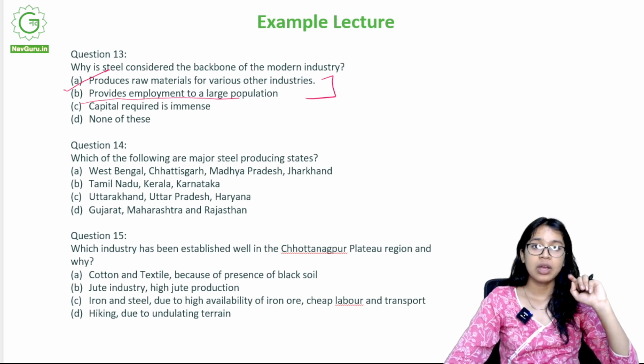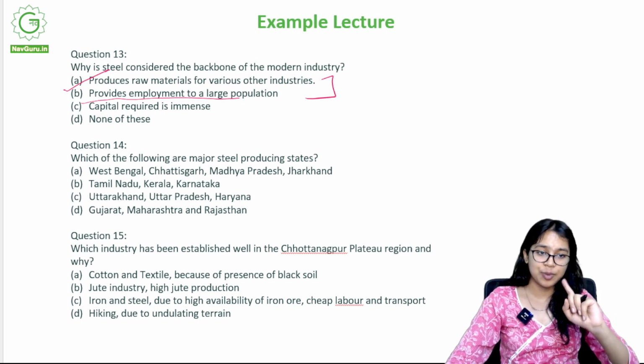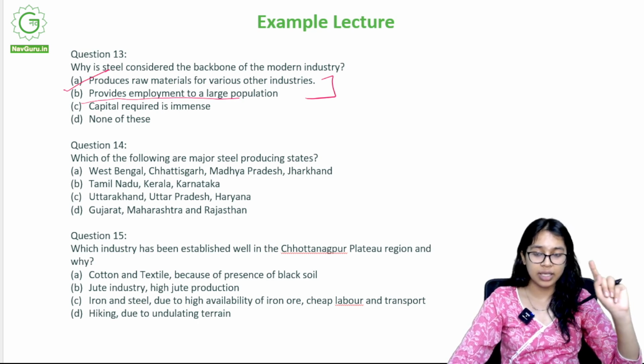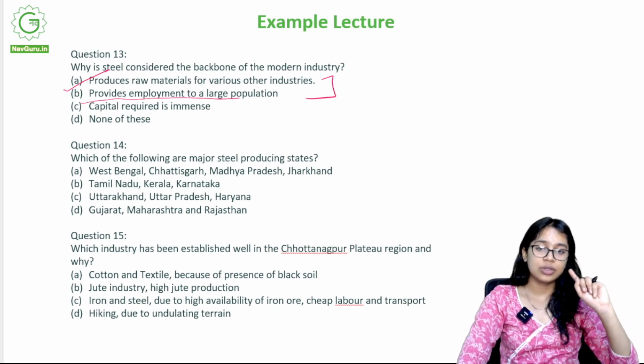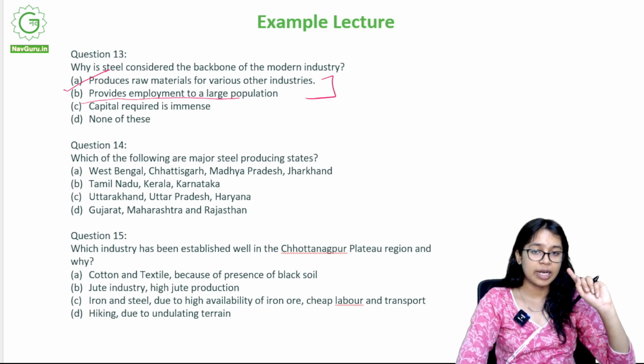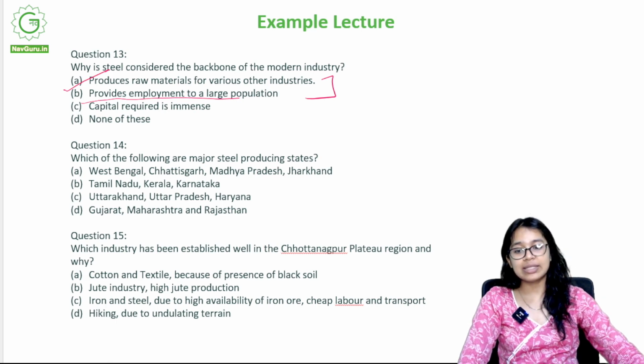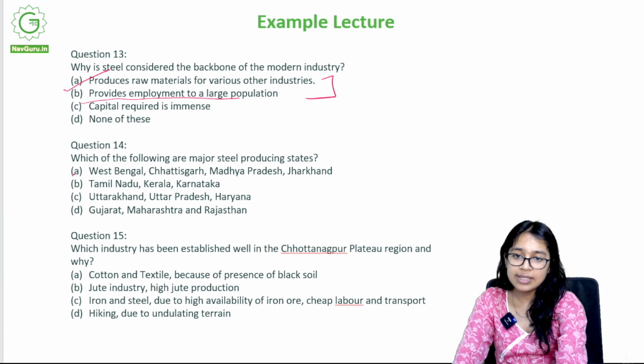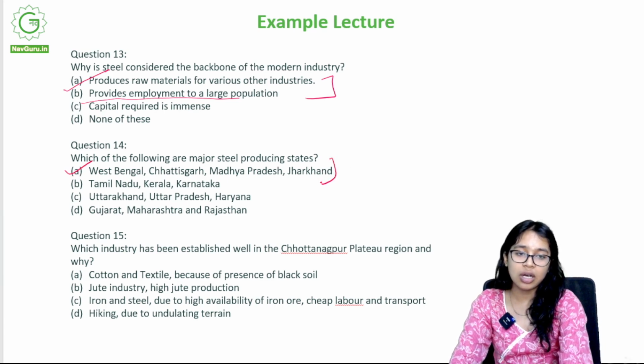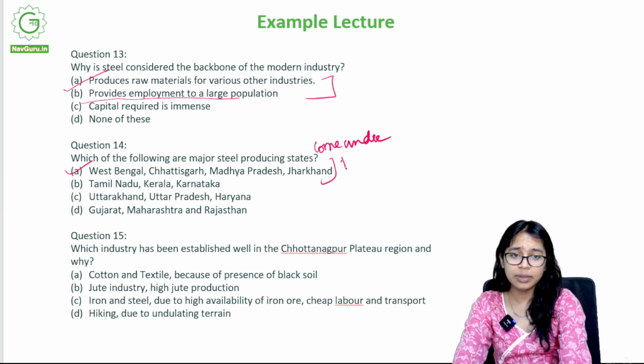Option A, West Bengal, Chhattisgarh, Madhya Pradesh or Jharkhand. B, Tamil Nadu, Kerala, Karnataka. C, Uttarakhand, Uttar Pradesh, Haryana. D, Gujarat, Maharashtra and Rajasthan. So which of the following are major steel producing states? It's A, West Bengal, Chhattisgarh, Madhya Pradesh and Jharkhand. These are the areas which are near the peninsular plateau.